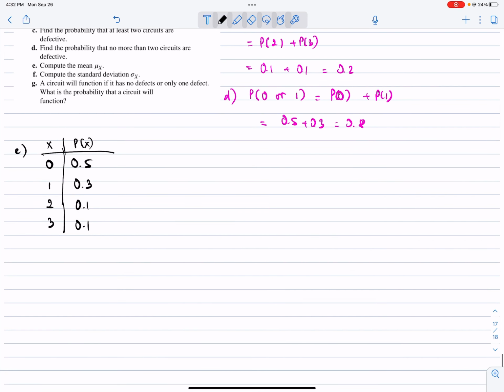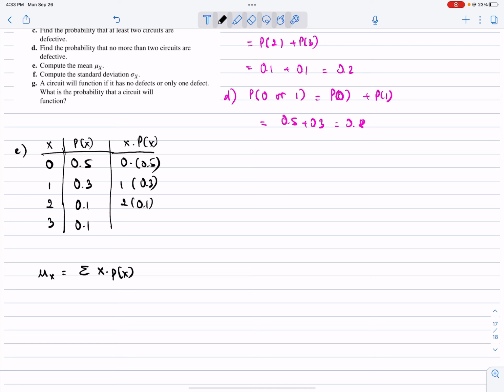We recall the formula to find the mean is the sum of X multiplied by P of X. So let's make one more column, and we do X times P of X. So 0 times 0.5, 1 times 0.3, 2 times 0.1, and 3 times 0.1.